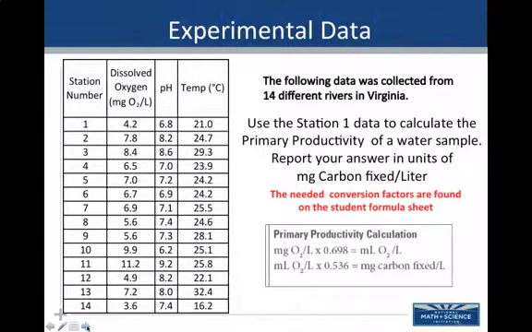I've put the little equation off of your formula sheet that you're going to want to use, and you're going to want to stop the video here and work this problem out. For station 1, you need to calculate how many milligrams of carbon are fixed per liter. So you should pause the tape. And if you want to practice this equation, you could do it for all 14 stations.